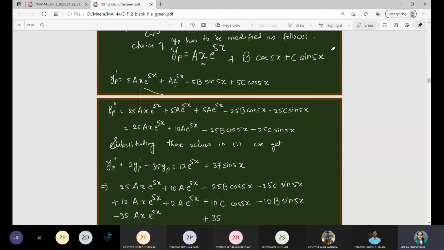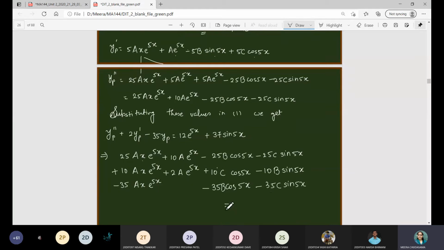It is with the negative sign, so I have to consider the negative sign: minus 35 cos 5x with which constant? It is b. Then minus 35c sine 5x.